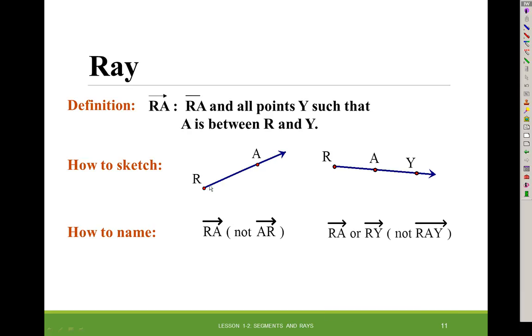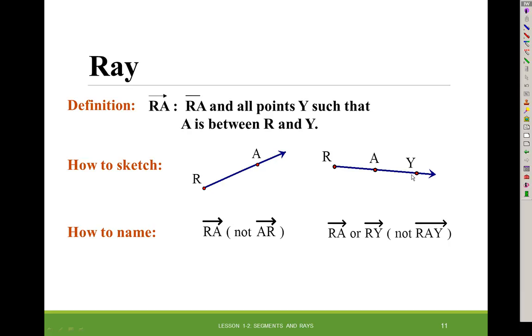Ray RA. R, which is the first point in the name here, that's the end point. And then draw an arrow and put A somewhere on that ray. Ray RA.